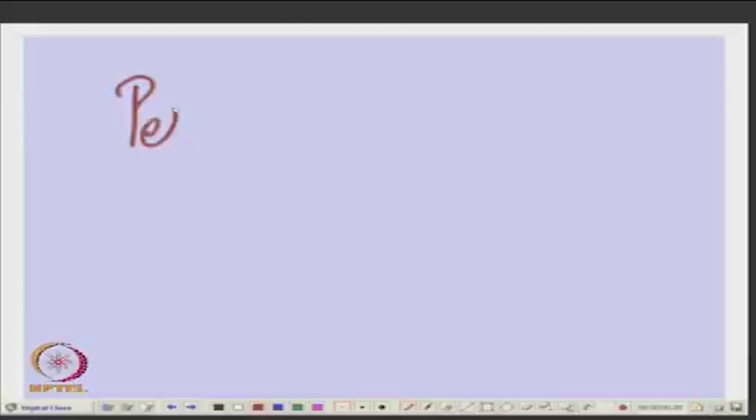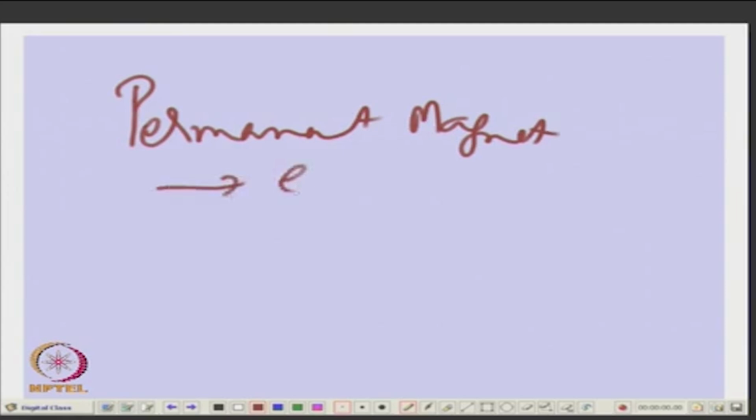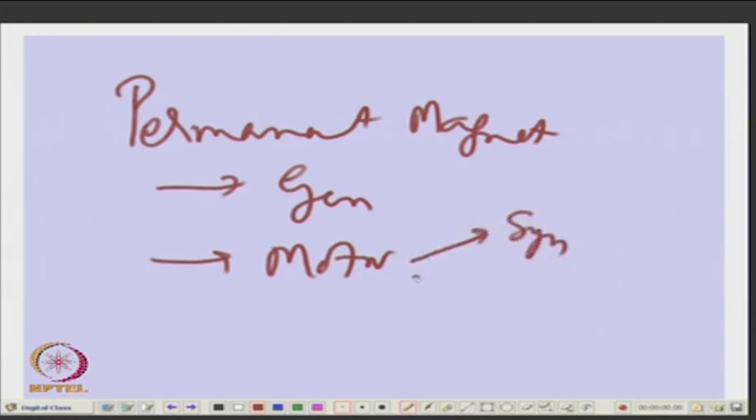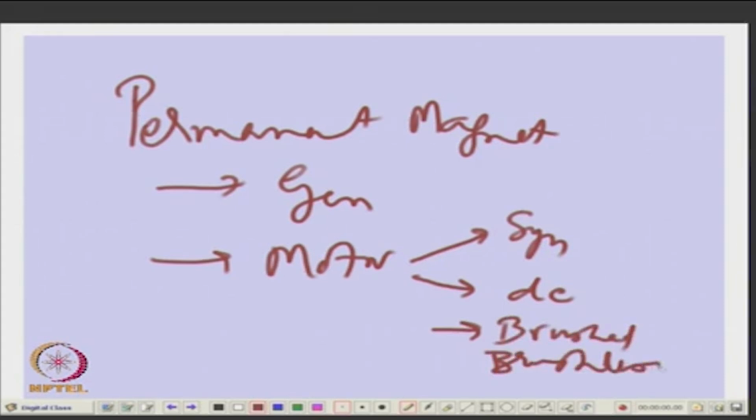Then of course we discussed permanent magnet machines, which have generator, motor, synchronous, DC, brushed, brushless varieties.